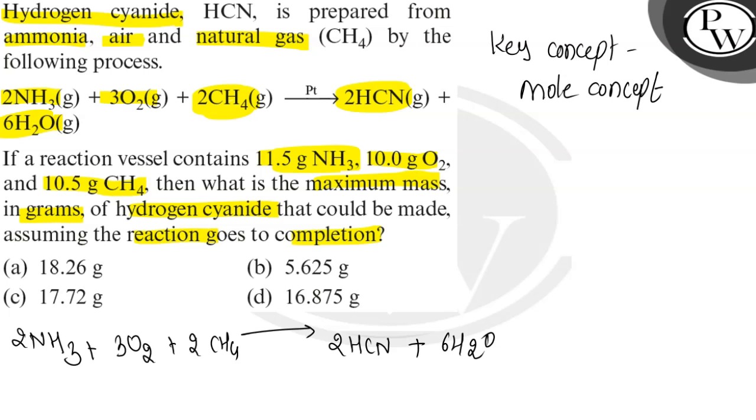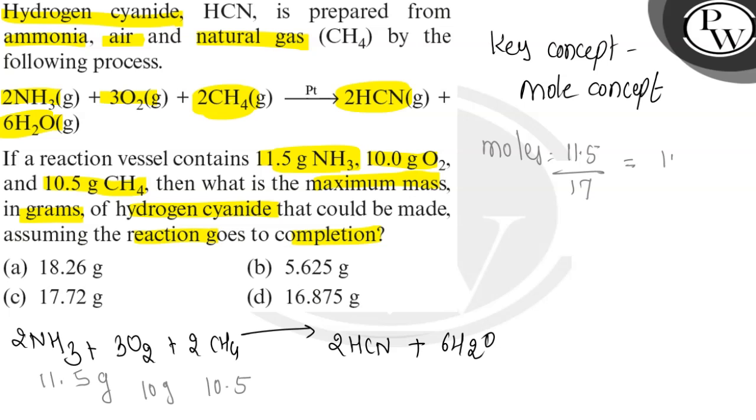तो here given क्या है? 11.5 ग्राम है, ऑक्सीजन 10 ग्राम है, CH4 10.5 ग्राम है. सो हम नंबर ऑफ मोल्स कैसे कैलकुलेट करते हैं? 11.5 डिवाइड बाय molecular weight of ammonia, that is 17.